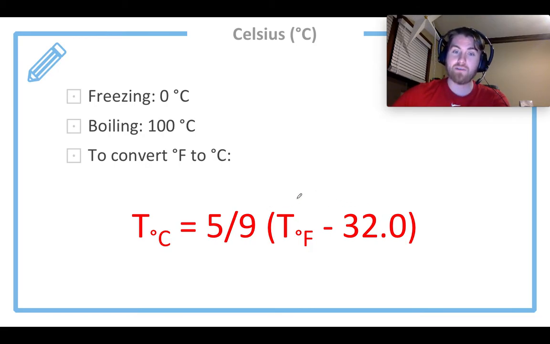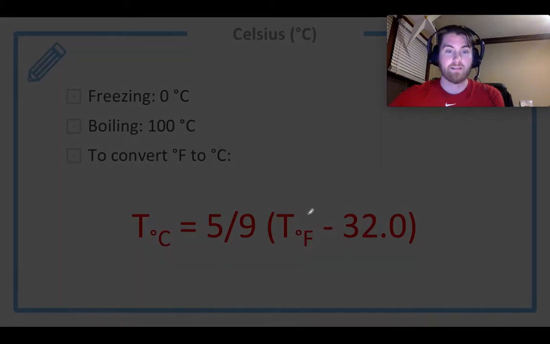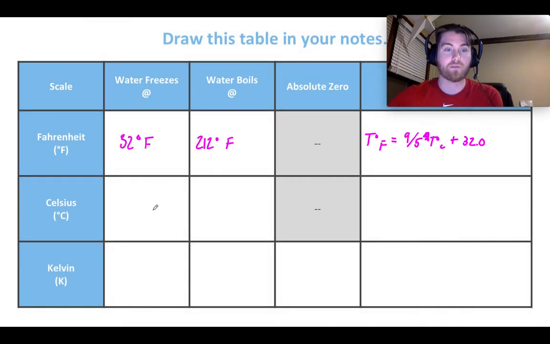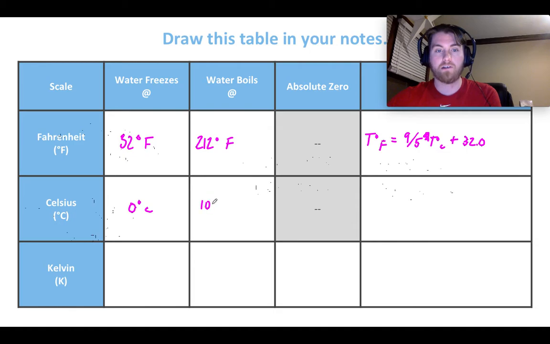You have to do the temperature Fahrenheit minus 32 first and then plug it in. So let's go back to our table and we're going to write 0 degrees Celsius, 100 degrees Celsius, and then temperature in degrees Celsius equals 5/9, and then parentheses, the temperature in degrees Fahrenheit minus 32.